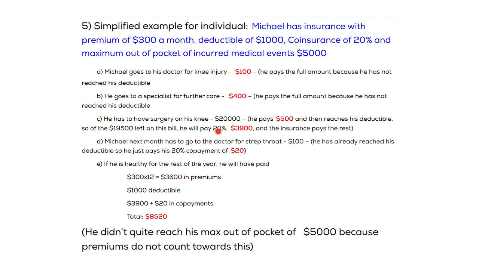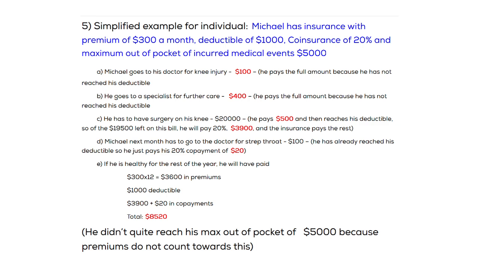So his 20% of $19,500 is $3,900. I've already done the math on all this. Now next month, Michael has to go to the doctor for strep throat. The doctor charged $100, except he's already reached his deductible, so he only has to pay his 20% copay. That's $20.